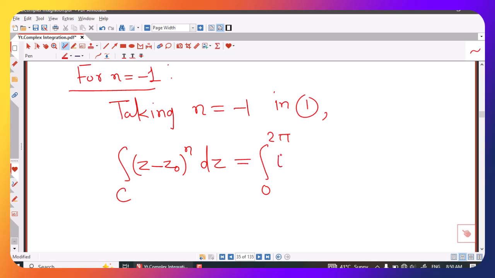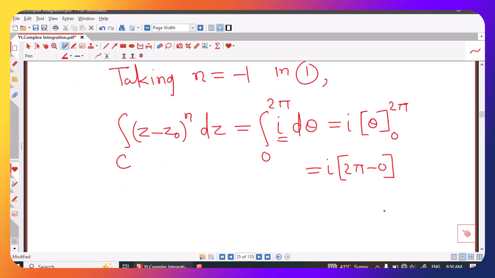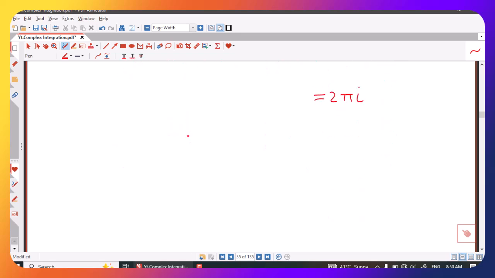So that I am writing directly here. Here I will have i and d theta, and the integral of 1 with respect to theta is theta, i is constant. So I have taken i outside, and for theta equal to 2 pi I have 2 pi minus, for theta equal to 0 I obtain 0. So I will obtain 2 pi i if n is minus 1.